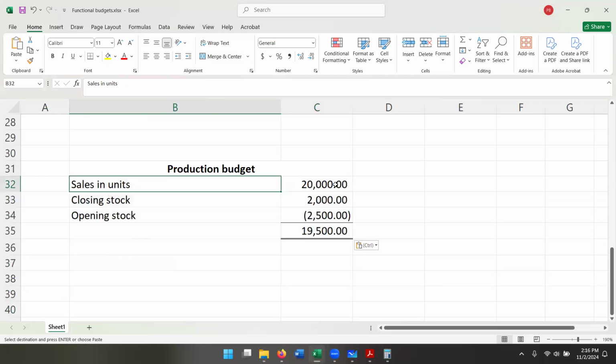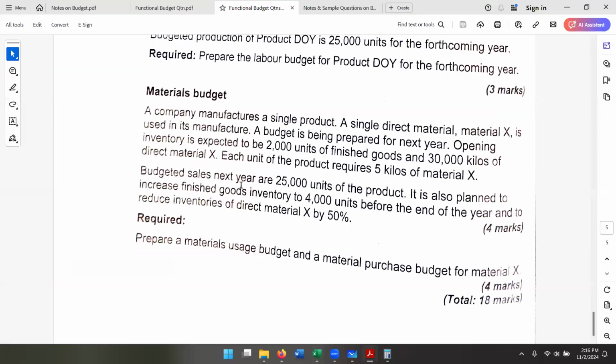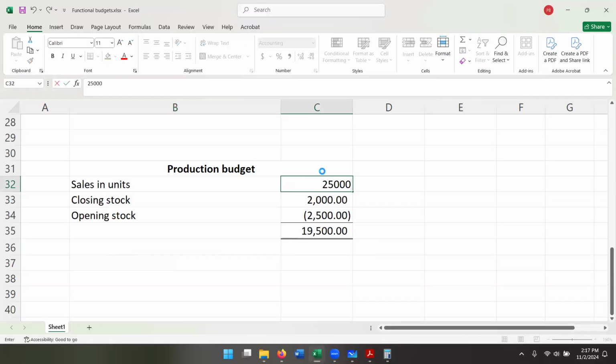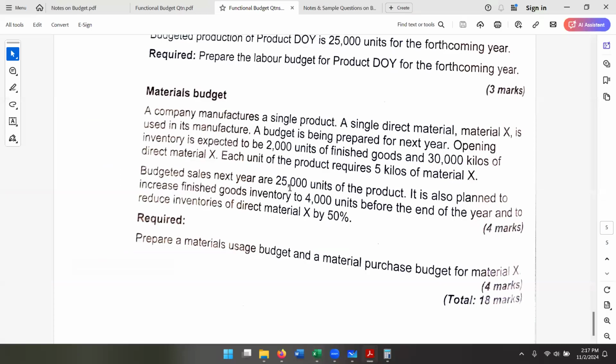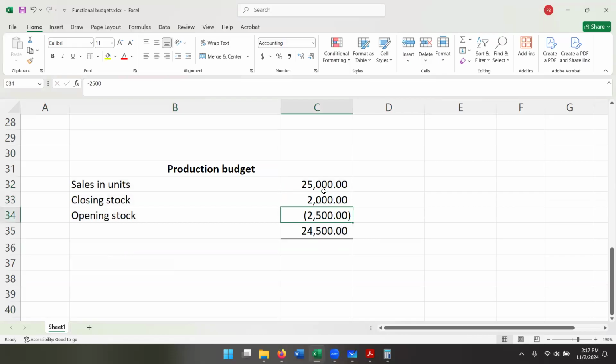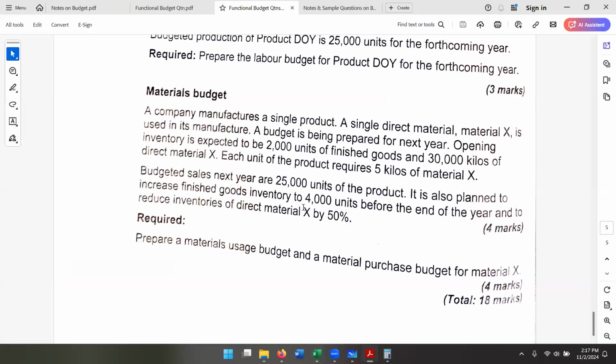So sales in units. Budgeted sales next year are 25,000. Then closing stock of finished goods, but we have opening stock. Opening inventory is expected to be 2,000 units of finished goods, so finished goods opening stock is 2,000. Then the closing stock. We are told that it is planned to increase finished goods inventory to 4,000, so the closing stock is 4,000.